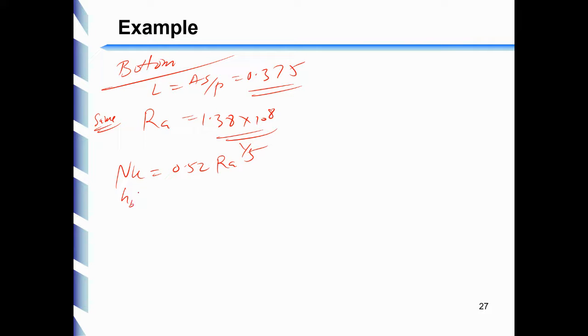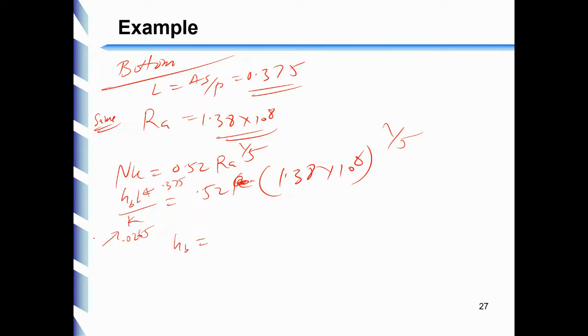With L equal to 0.375 and k equal to 0.0265, from here you can get h_B equal to 1.56. So we got all the coefficients, then you can get the Q.